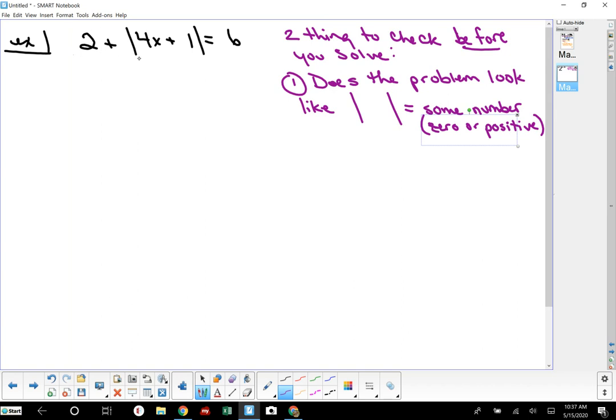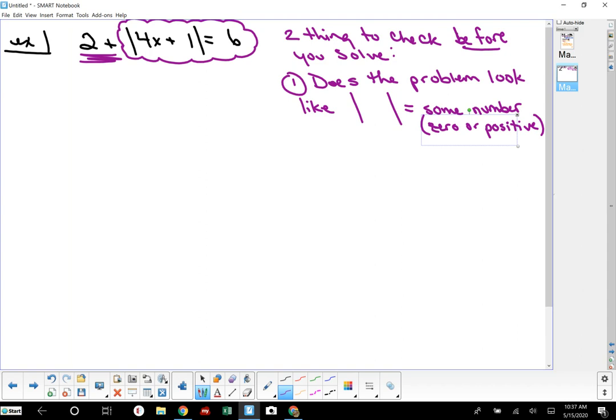In this equation, here's your absolute value bars equal some number. But this thing is still here, that 2 plus the absolute value bars. That can't happen before we go any further with this problem.